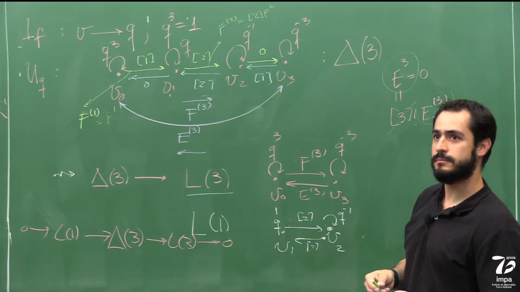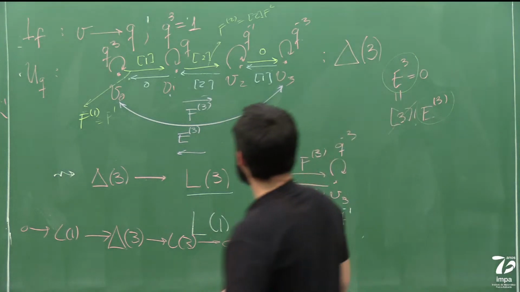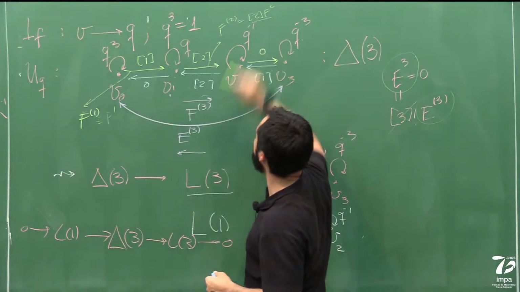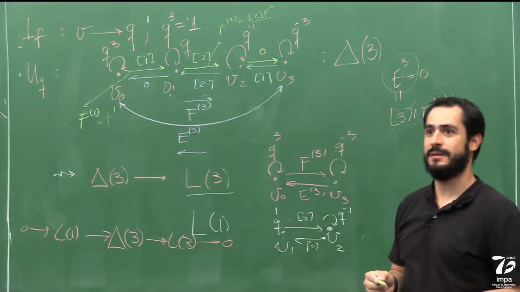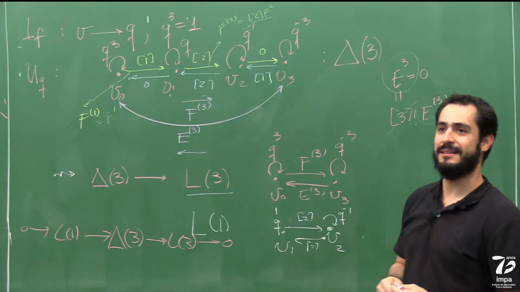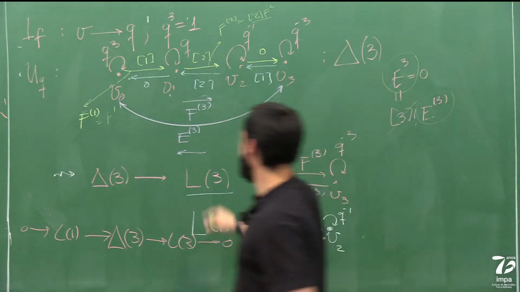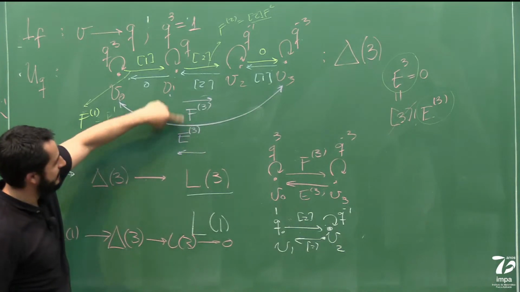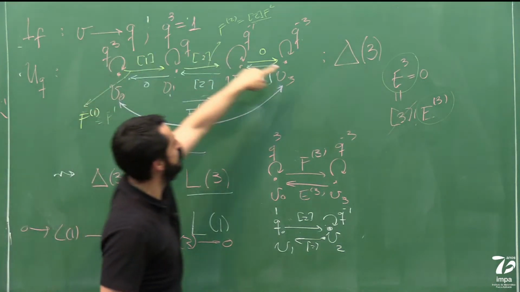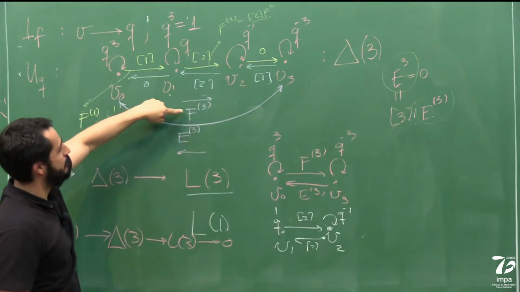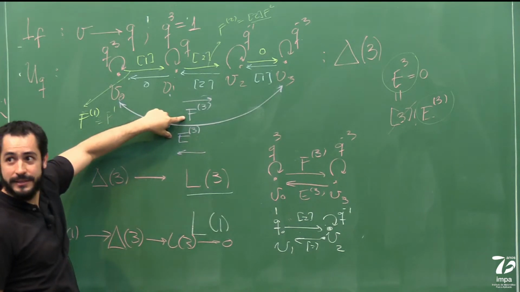Like F2 would map V1 to V3, for example. No, because it's just a multiple of this f2. That's the trick. Just these guys are the ones that can jump, let's say, but these are extra generators.